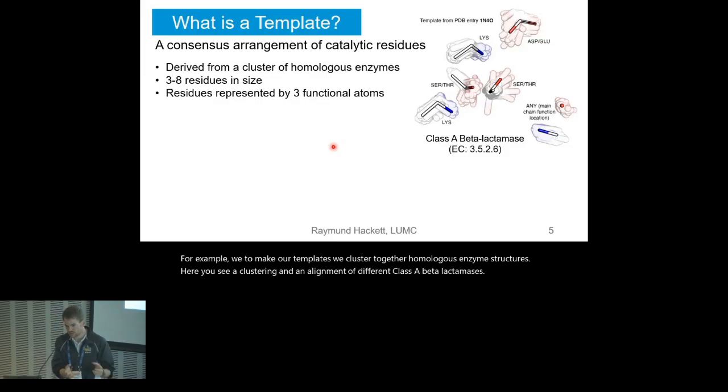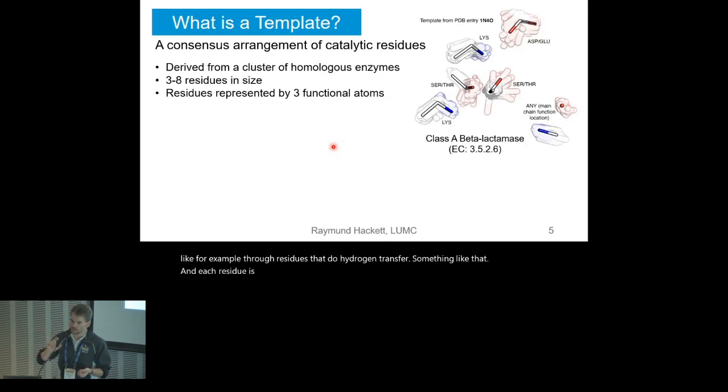Bigger catalytic sites are broken up into smaller partial bits that are still catalytically meaningful, like, for example, 3 residues that do hydrogen transfer, something like that. And each residue is represented by 3 atoms, mostly in their side chain, that define what the individual amino acid actually is.